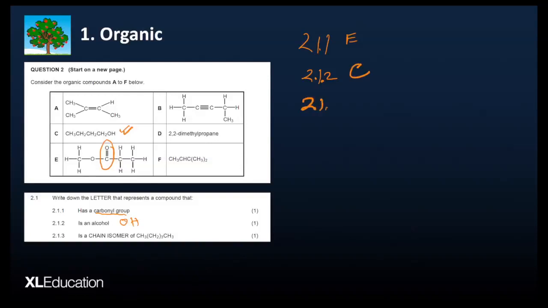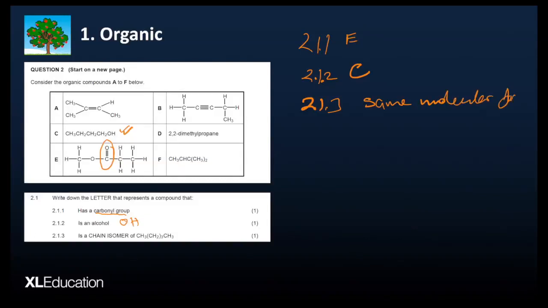Then 2.1.3, still, this is a little bit challenging, but the chain isomer is not that challenging, because if one can define what a chain isomer is, we know that when you're discussing isomers, you should know that isomers simply means same molecular formula.